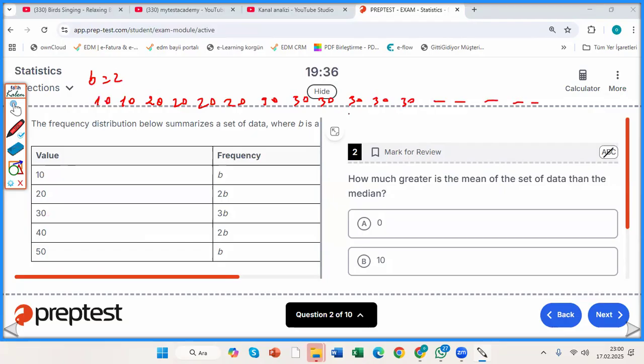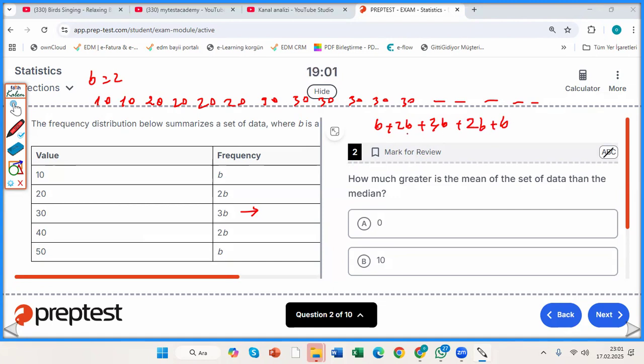So as you can easily realize, the median value is probably at the midpoint of that frequency. But to prove it, you can also use the formula once again. For instance, b plus 2b plus 3b plus 2b plus b.